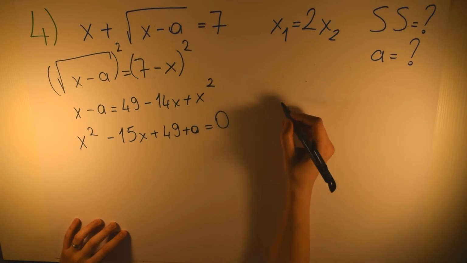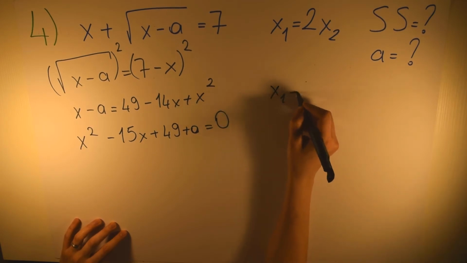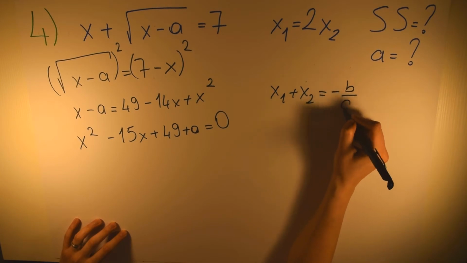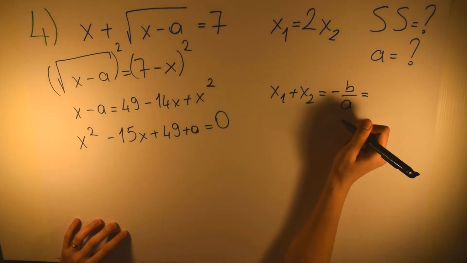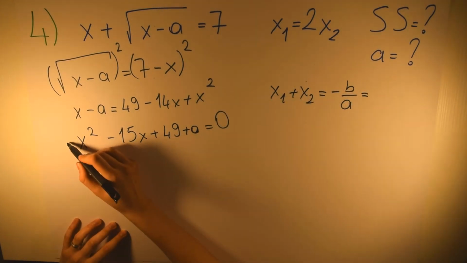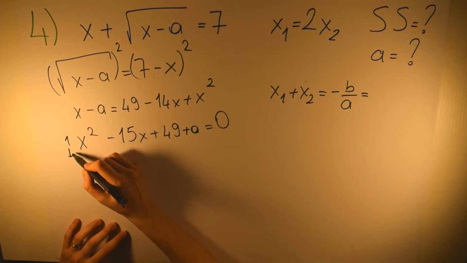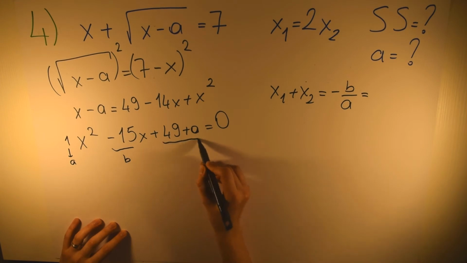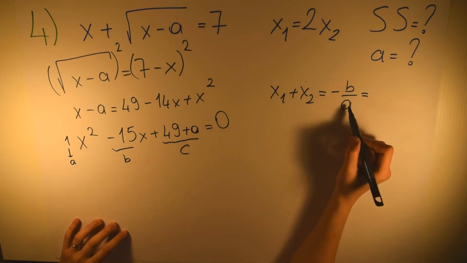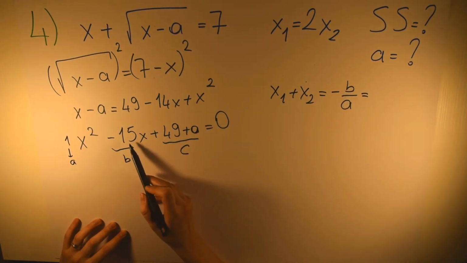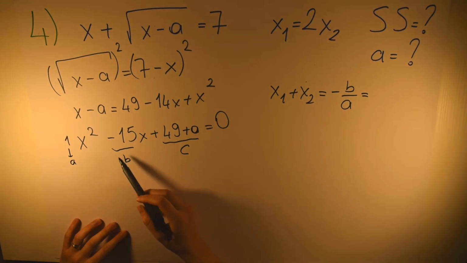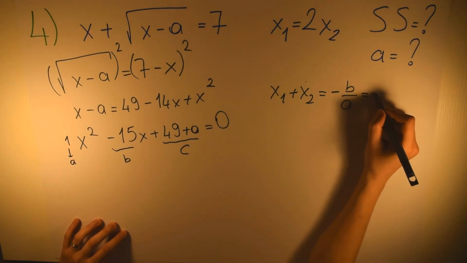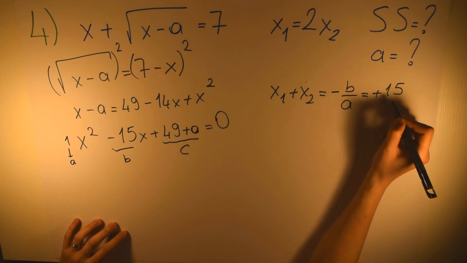So I know the formula for x1 plus x2, which is equal to minus b over a. So what is minus b over a? This is our a is 1. Okay, this is our b, and this is our c. So minus b over a, it's minus 15 over 1, it's minus 15, and we also have minus sign here, so it will become plus 15, right?